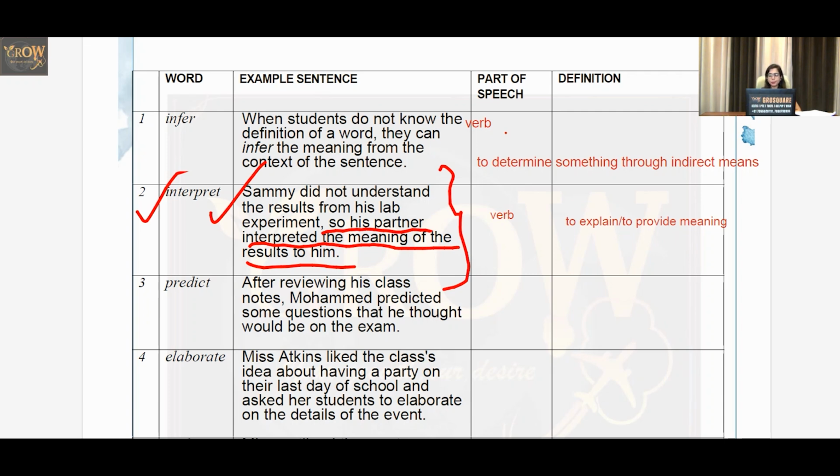So what his partner did? His partner interpreted. Basically, his partner explained or provided the meaning of the results to him so that he can understand. Okay. So what was the first word? Infer, andaza lagana. That means to have estimate, to determine something through indirect means. And second is interpret. That means to explain or to provide meaning.